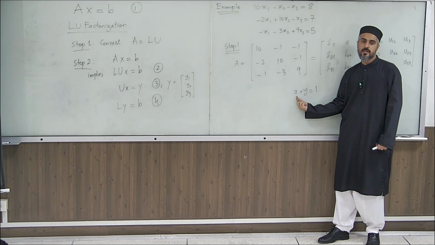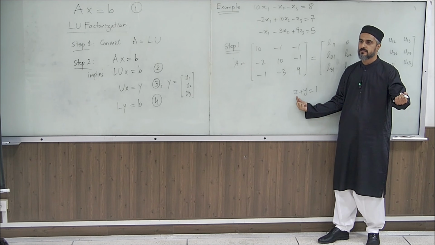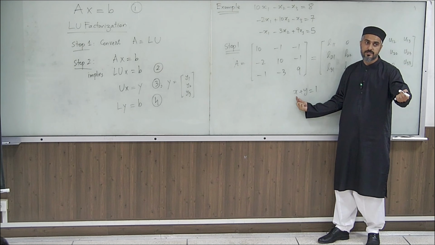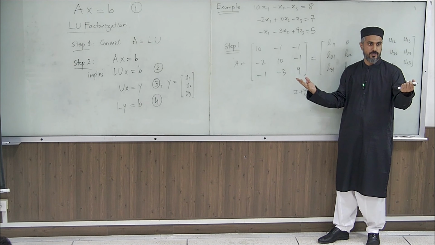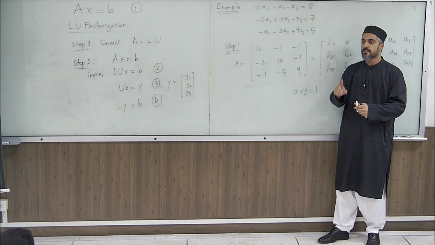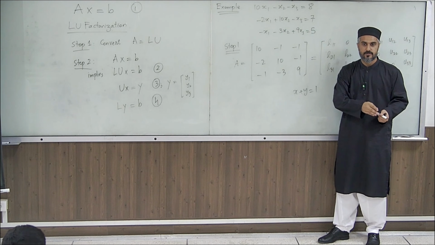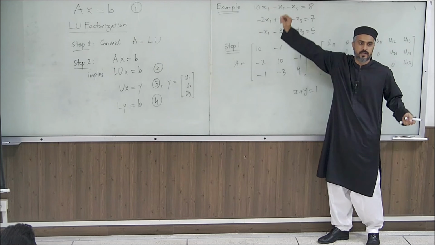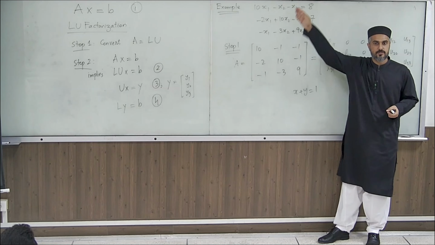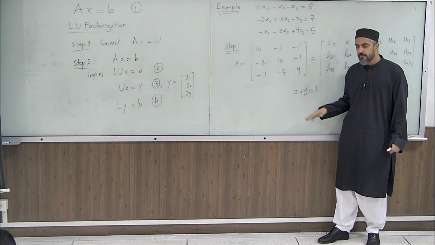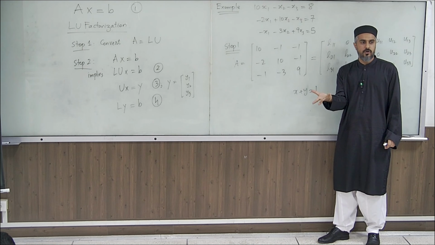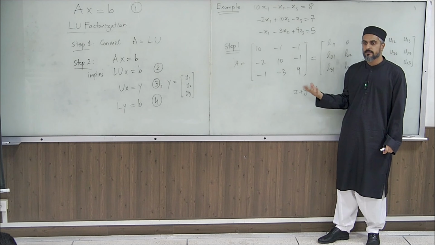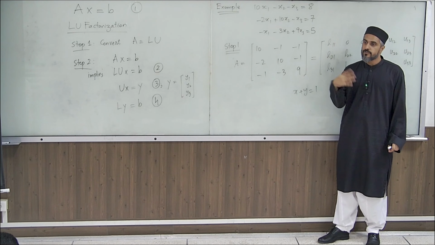As many solutions as the possibilities of x. If x is a real number, you get so many solutions, all on the line y equals 1 minus x. The solutions constitute a line. So whenever you have more unknowns than equations, there is a possibility of infinitely many solutions.